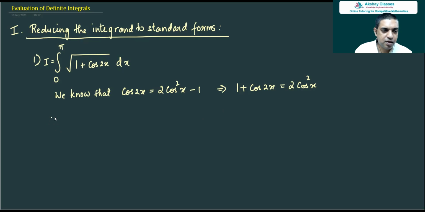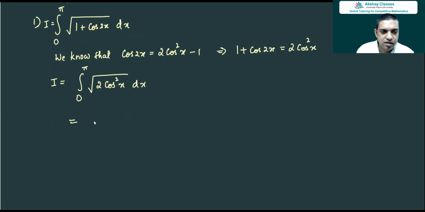So we get I is equal to integral 0 to pi under root of 2 cos square x dx. Now the tendency is to write this as under root 2 comes out, then 0 to pi, tendency is to write this as cos x dx.